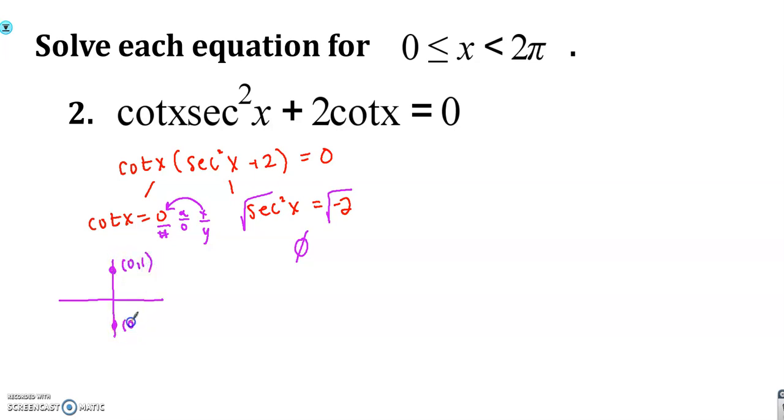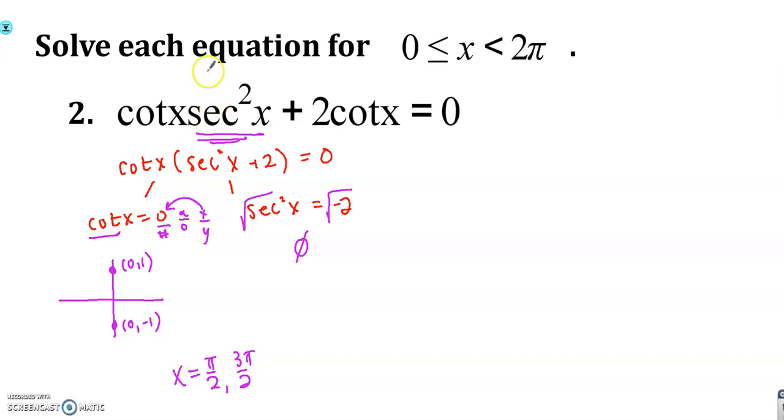Okay, so I've got quadrantal angles here, so I have to consider whether or not they're extraneous. So these two angles that I have are pi over 2 and 3 pi over 2. Okay, so I have to worry about the secant part. Okay, I don't have to worry about these angles working for cotangent. If I got them from the cotangent equation, I know that they're good for the cotangent function. I just have to think about secant.